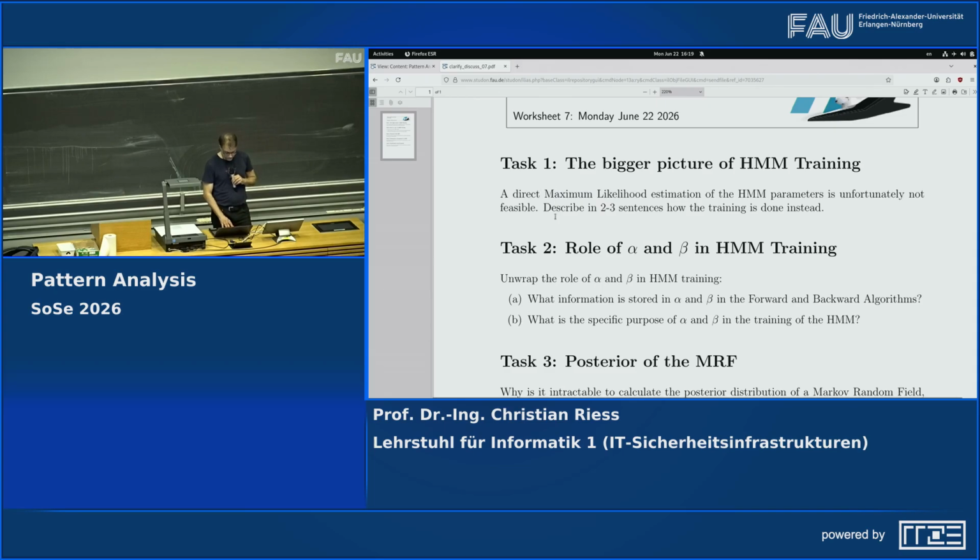And then there's a relatively specific question: we learned about the alpha in the forward algorithm and the beta in the backward algorithm. So how do they come into play in the training?